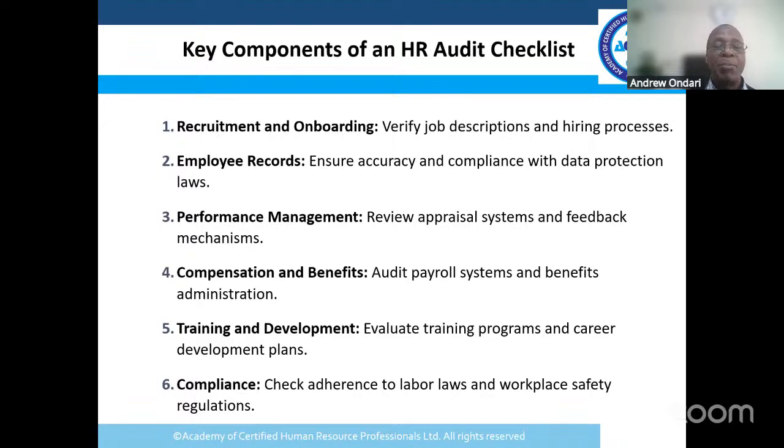Then number 3 is performance management. Here we are looking at the processes and the systems that we use to manage people's performance. So again, we look at performance appraisal systems like self-appraisal, peer appraisal, 360, and others.